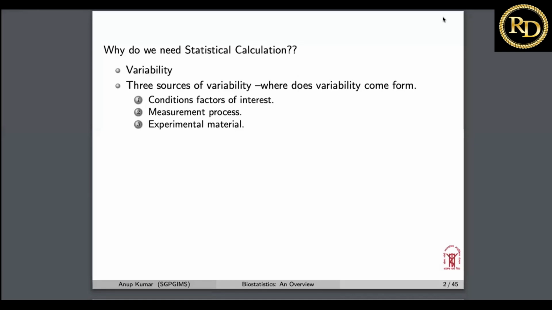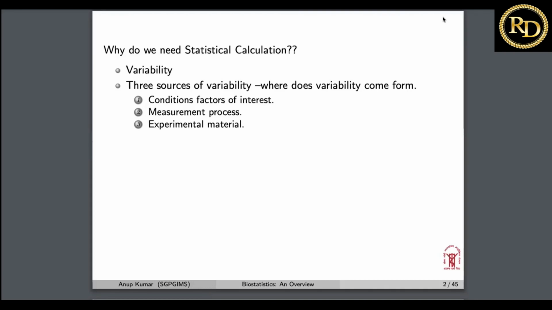Let me try to explain these three points with an example. Suppose a researcher wants to measure the blood pressure of patients who are coming into the OPD. This is the factor the researcher is measuring: the blood pressure of the patient.